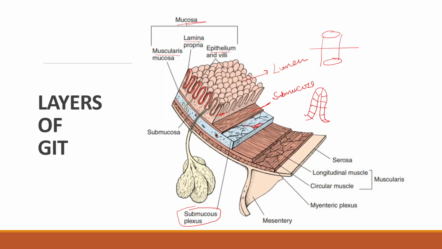Then we have 2 muscle layers. As you can see, these are longitudinally arranged, so we call these longitudinal muscle, and as you can see these are circular muscles present here. So longitudinal and circular muscle, there are 2 muscle layers, and between these 2 muscle layers you can see again there is some network present over here, and these networks are basically nerve endings which are very important for us.